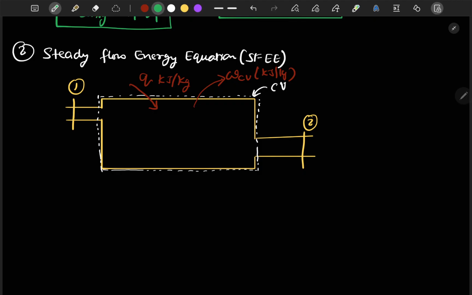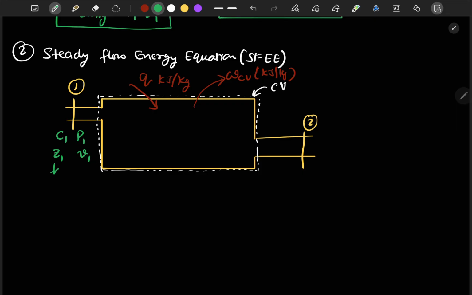Let's say the state at entry is: velocity is C1, pressure is P1, elevation is Z1, and specific volume is V1.